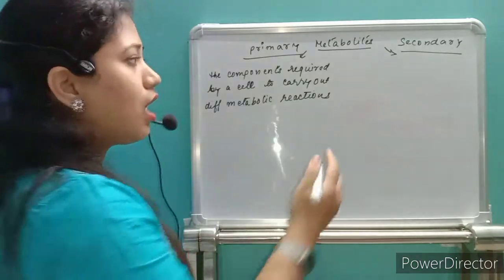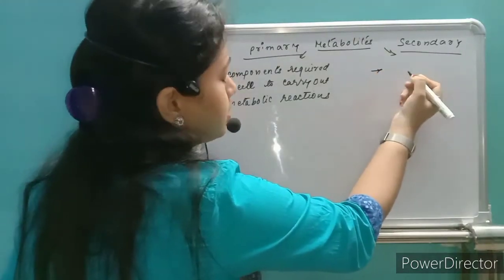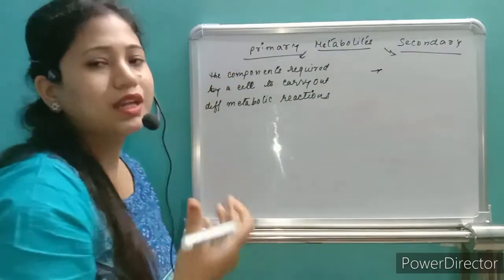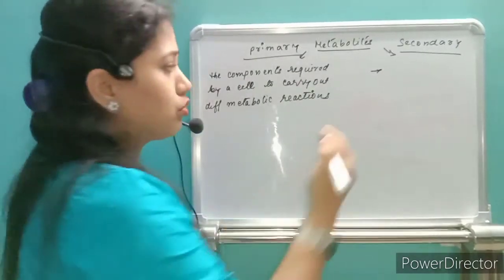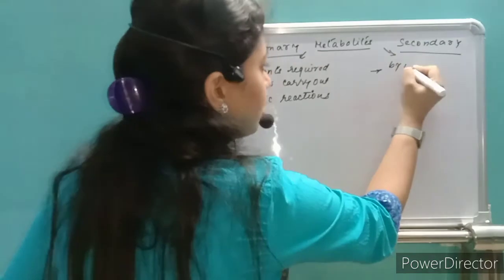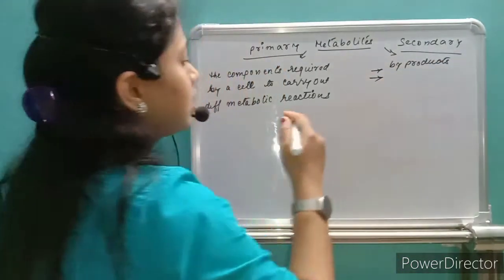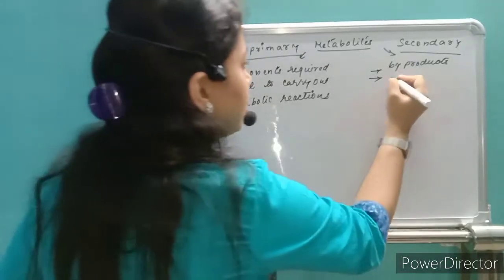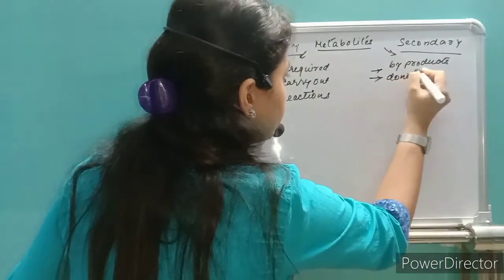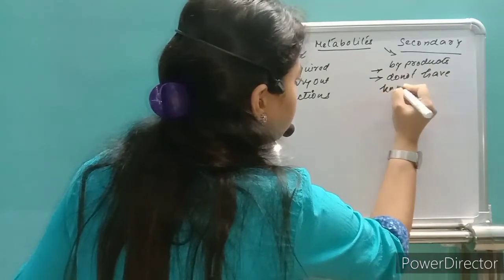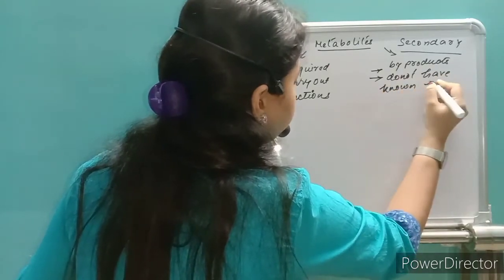They are produced for some unidentifiable reasons. Actually they are byproducts. Some byproducts the cells produce, but they do not have any known function.